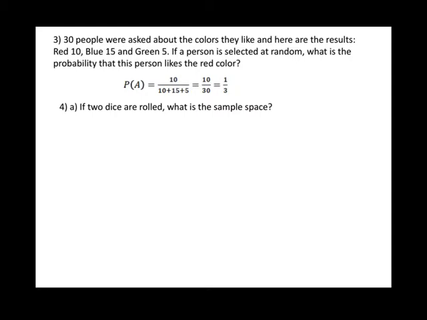Okay, number 4, if you roll 2 dice, what is the sample space? I'm not asking for the probability. I'm looking for the sample space here. So can you guys try to write out the sample space?